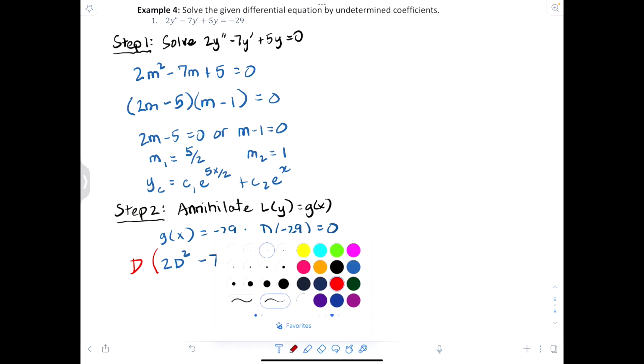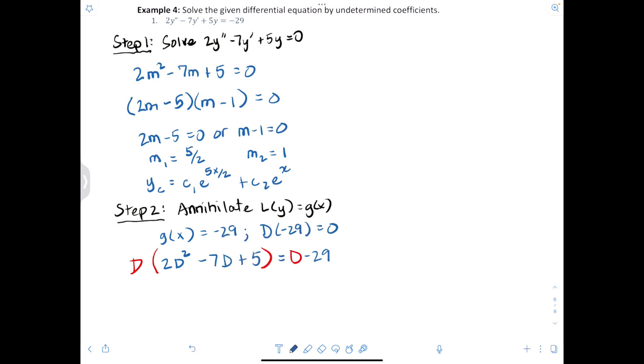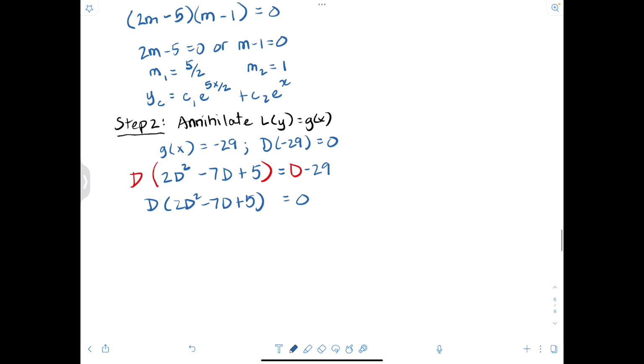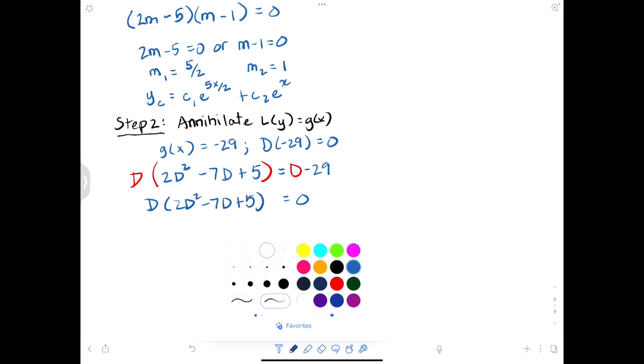Then we'll get D times (2D squared minus 7D plus 5) is 0. Cool so far? All right.